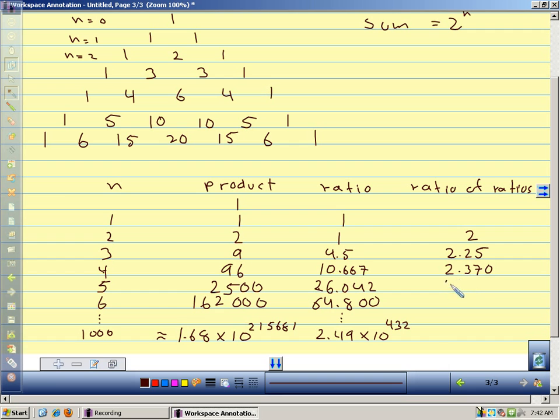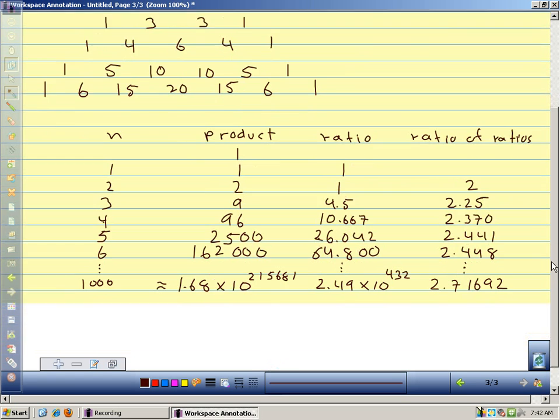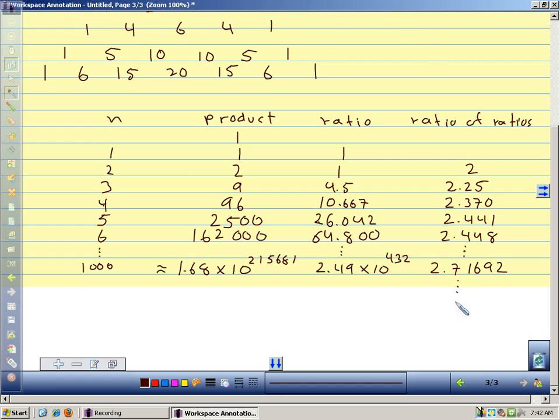Here we get 2.441. Here we get 2.448. Dot, dot, dot. We get 2.71692. Anybody recognize this? Oh, it's e. The limit, as we take the ratio of the ratios, is e.